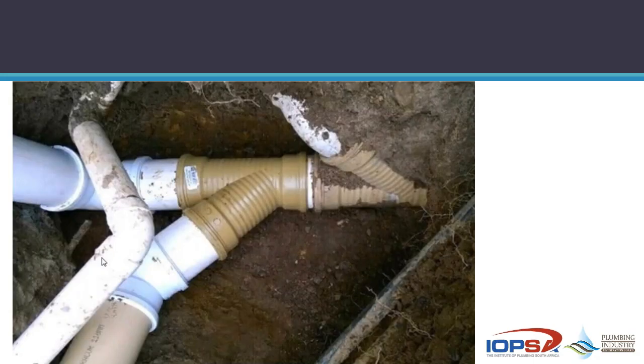And then we find this quite regularly. It's nice and compact. Only way to fit it in, sir. But it works until the poor maintenance guy comes along and he can't get a rod through there or through that soil and vent bend there.